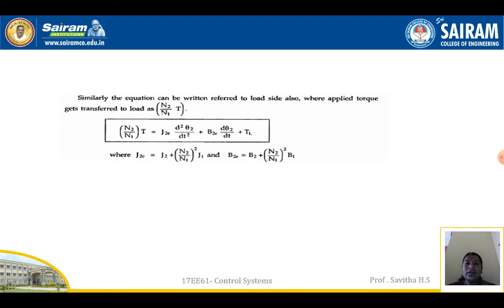Similarly, the equation can be referred to load side also, where applied torque gets transferred to the load, that is N2 by N1 into T. Therefore, N2 by N1 into T is equal to J2E d square theta 2 by dt square plus B2E d theta 2 by dt plus TL.